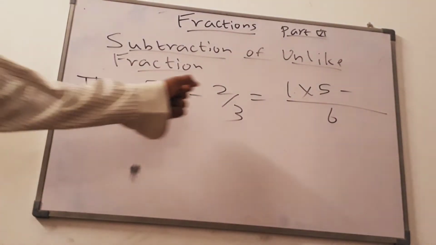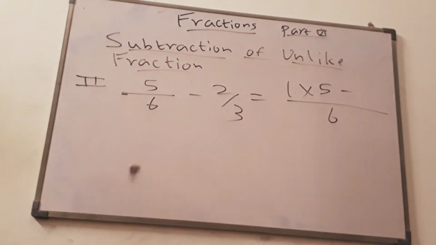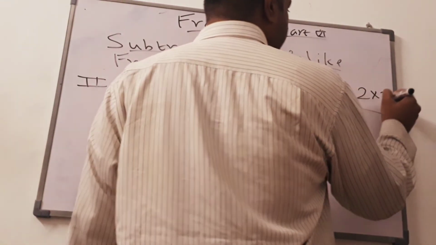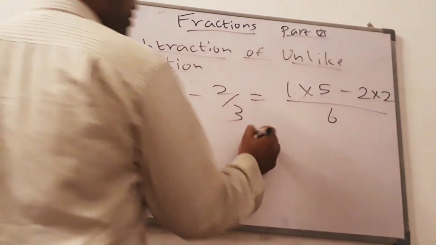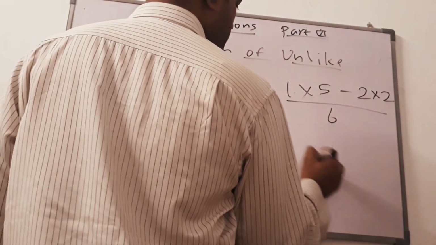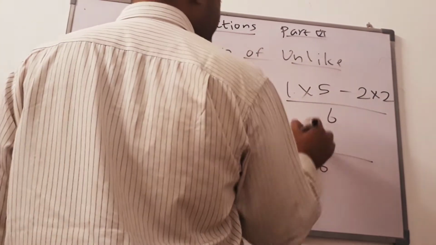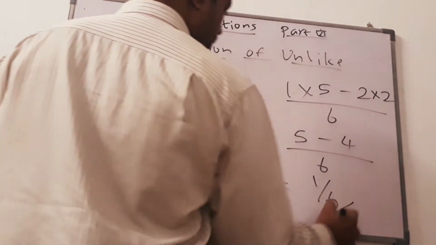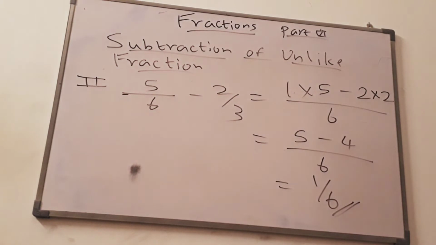Minus, then we check how many 3's are there in 6. 3 times 2 is 6, then we multiply 2 by the numerator, that is also 2. So it will be, beneath 6, 5 times 1 is 5 minus 4, answer is 1 over 6. Keep it in mind.